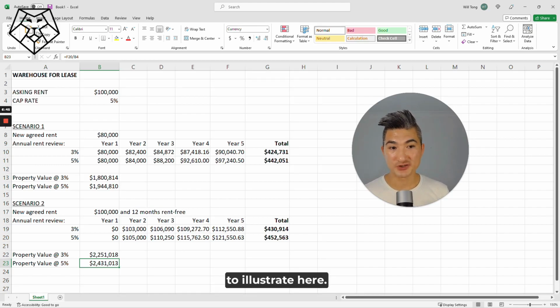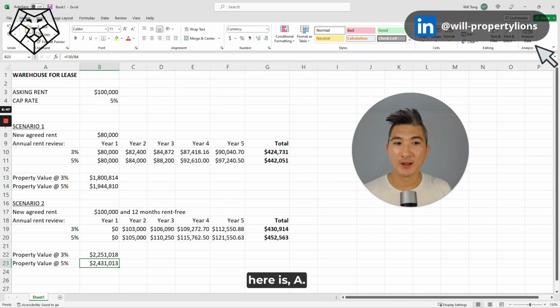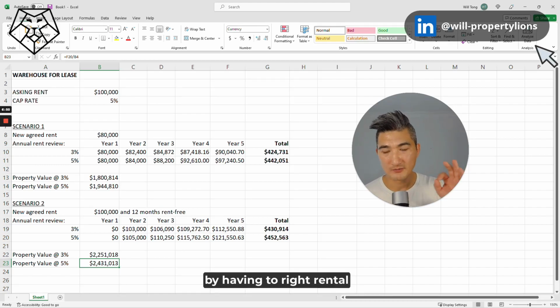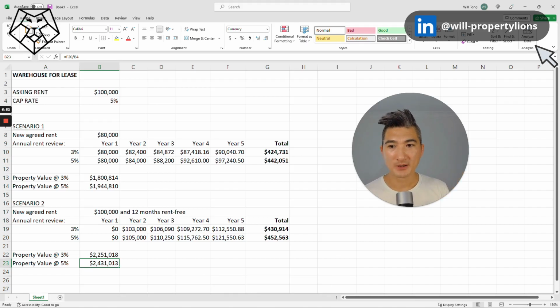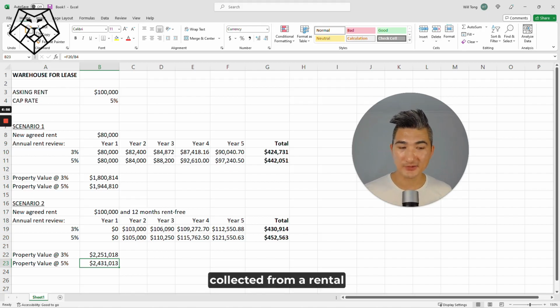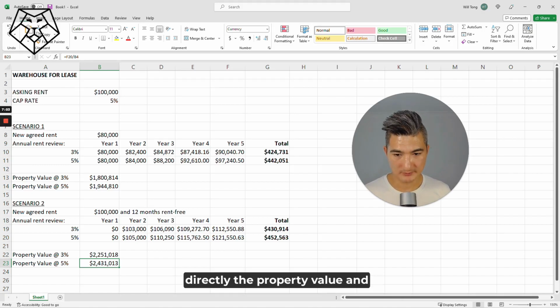So this is what I'm trying to illustrate here. A, by having the right rental review structure, you are affecting the cash you collect from a rental perspective, but also you're directly affecting the property value.